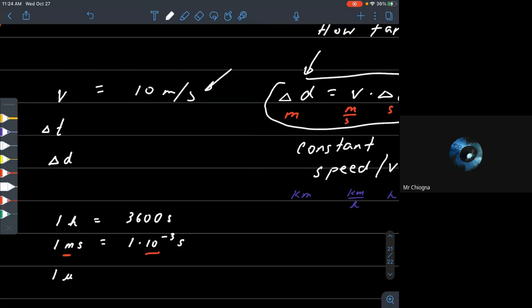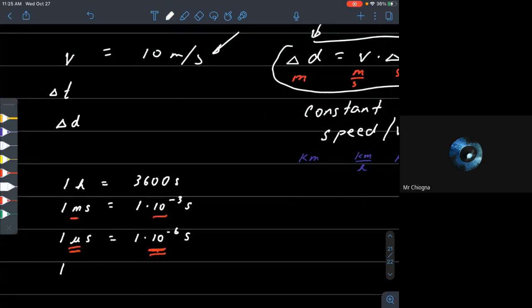This is called micro. That little symbol is a Greek letter. It represents micro in this case. What does it mean? That stands for 10 to the minus 6. So we drop the micro, that little prefix there, and we put 10 to the minus 6.